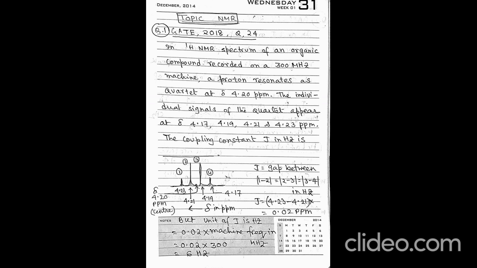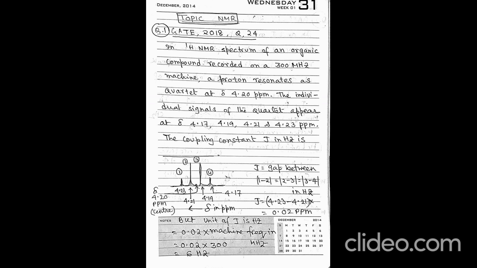We have to arrange them from highest to lowest value: the extreme left line has the delta value 4.23, next is 4.21, next is 4.19, and the extreme right peak is 4.17 ppm.